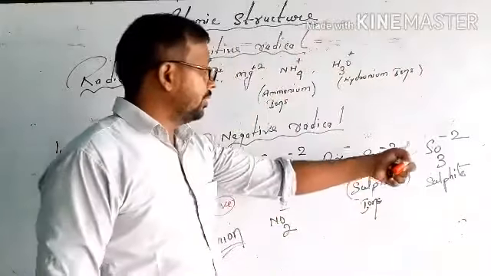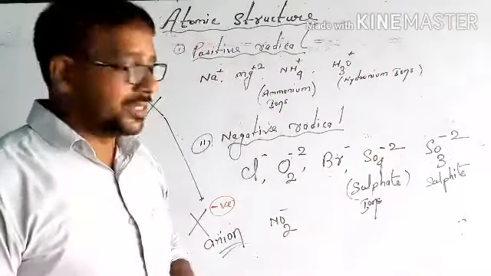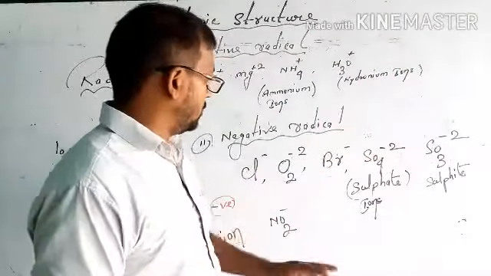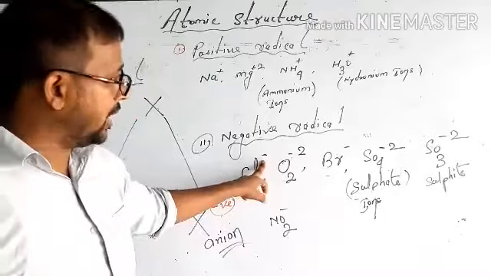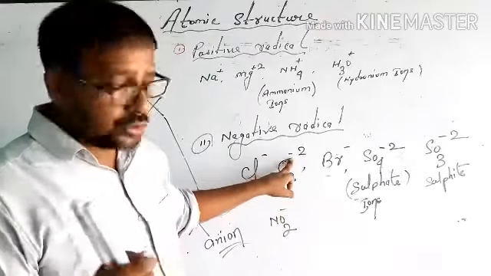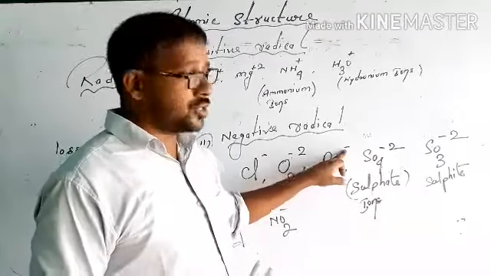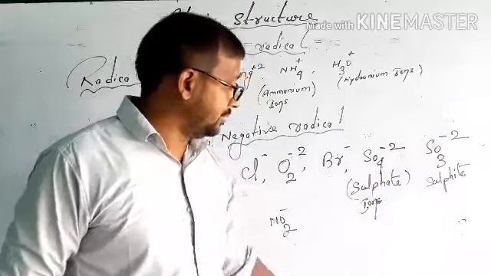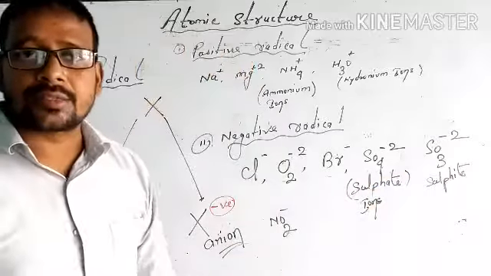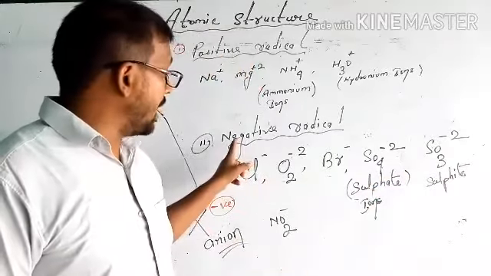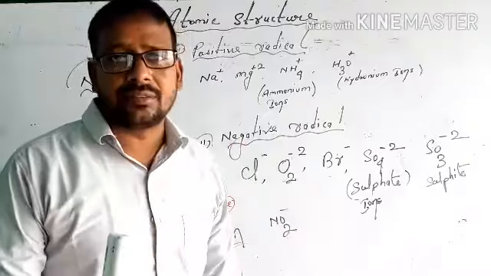These are the ions which carry negative charge. Chloride carries one negative charge, O2 minus carries -2 charge, bromide -1, sulfate, sulfite, and NO2 minus. These are examples of negative radicals.